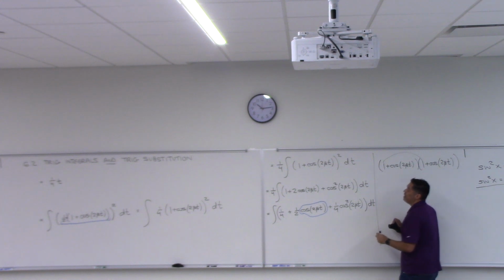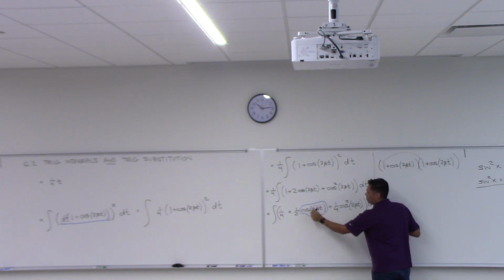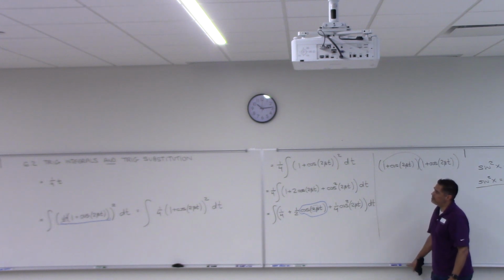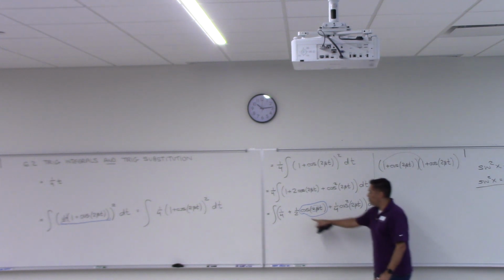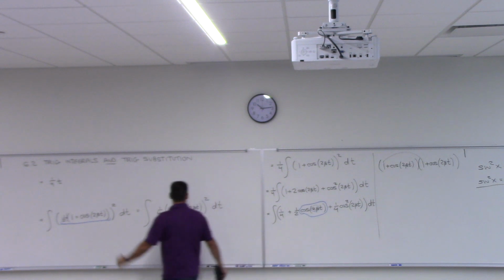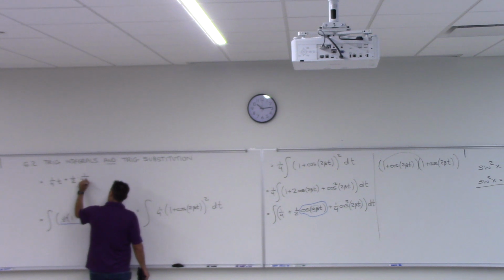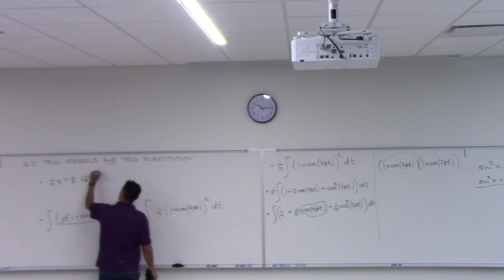What do you scale by? 1 over 2 beta, right? And then we're going to have what the antiderivative of cosine is, sine? Okay, and we had a 1/2 in front. So I'm going to put plus the half that we had in front. Then I have to scale by 1 over 2 beta. And then we said it would be sine of 2 beta t, right?